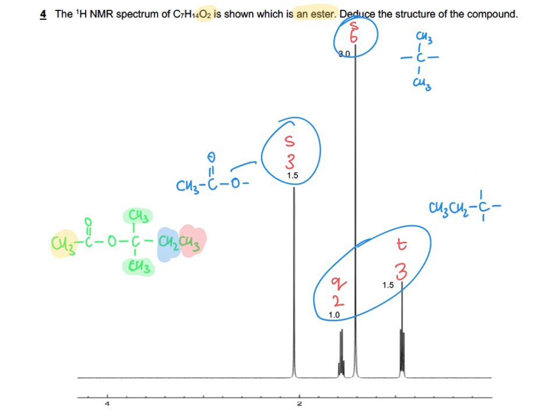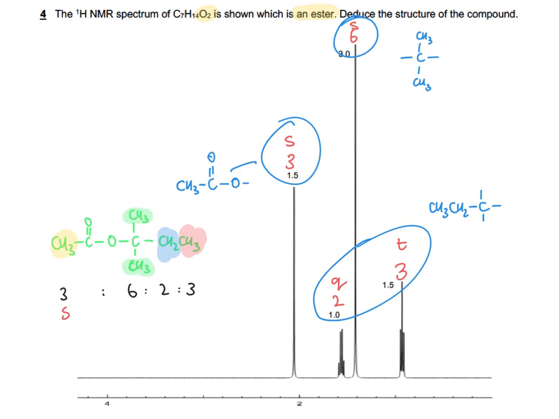In terms of the ratio of the hydrogens, it would be 3 to 6 to 2 to 3, which is what I've got. And then in terms of the splitting patterns, what would I get? Well, this environment isn't next door to any hydrogens, so that would be a singlet.